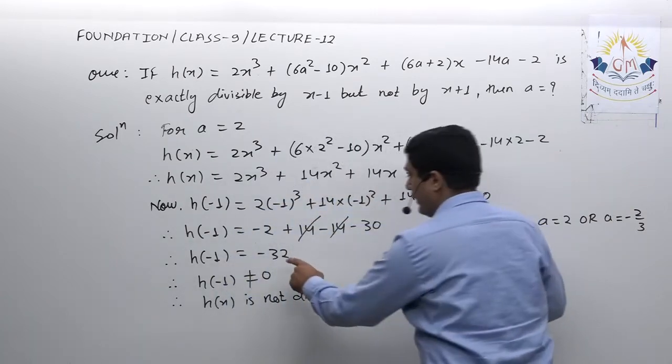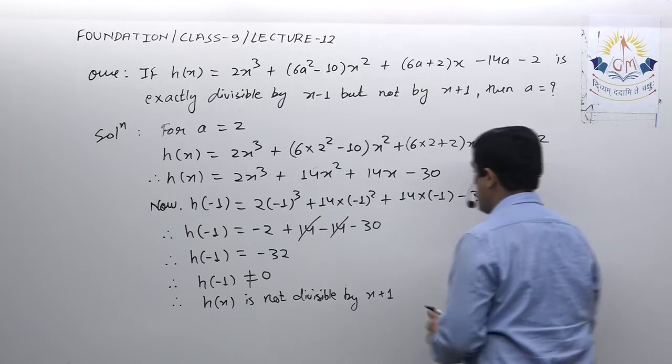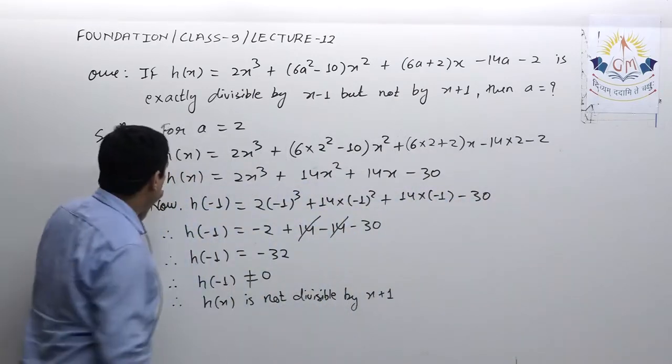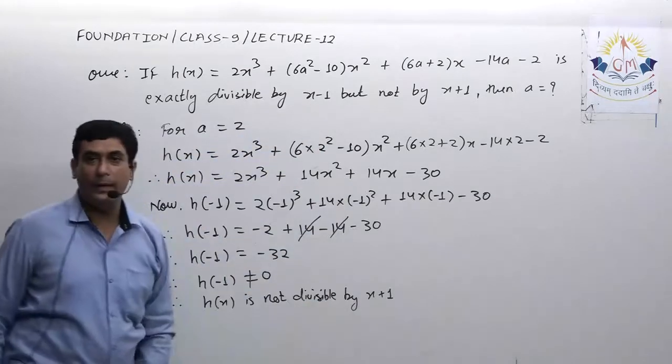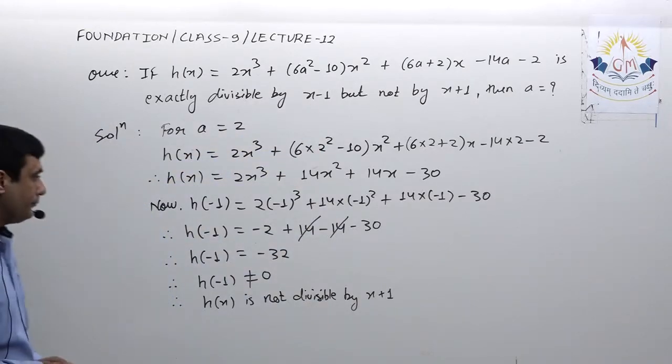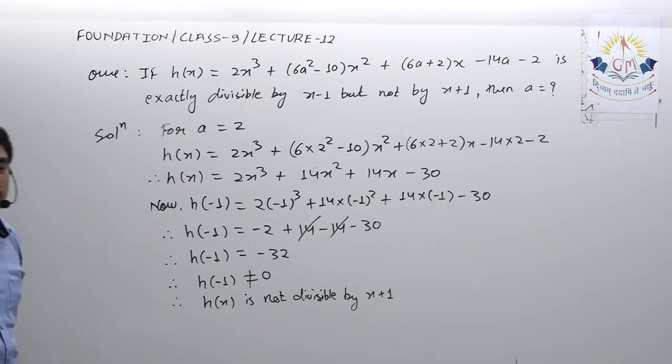So my answer is a equal to 2. But note it down, then we'll definitely check whether for the second value the polynomial is divisible by x plus 1 or not. So first note it down, then we'll see that second case.